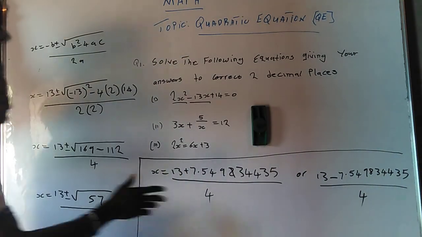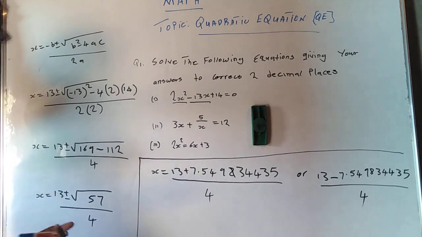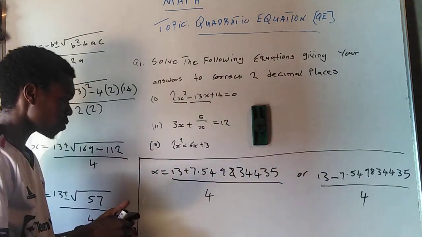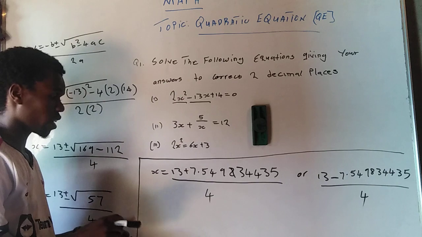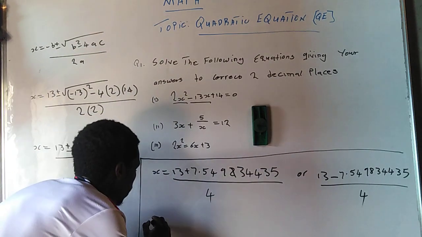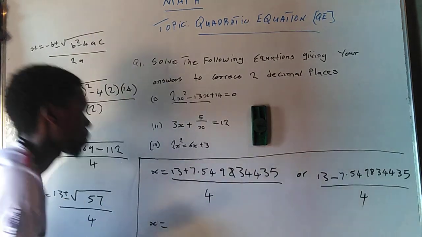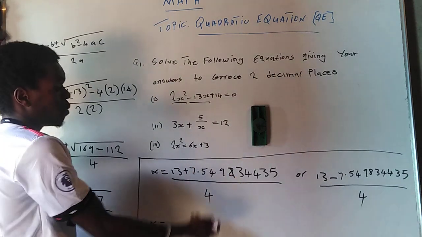Then from there you compute. I'm going to start with this one. I'm going to say x is equal to: we computed this and then we divide it by this.